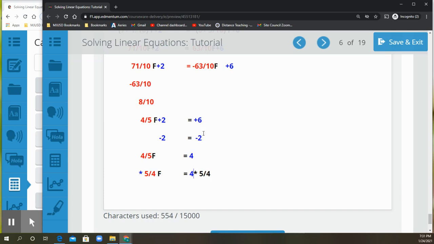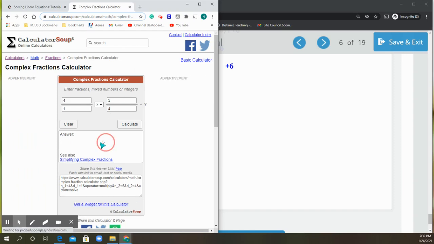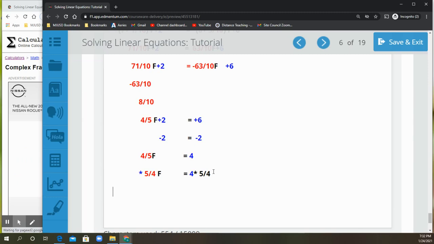I think I can figure that out, but just in case, let's do this. 4 over 1 multiplied by 5 over 4, calculate, equals 5.